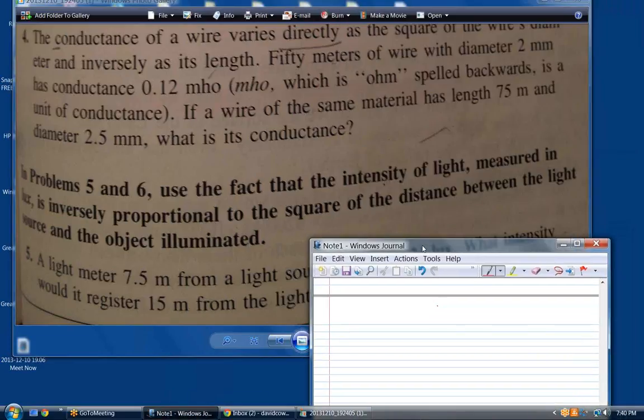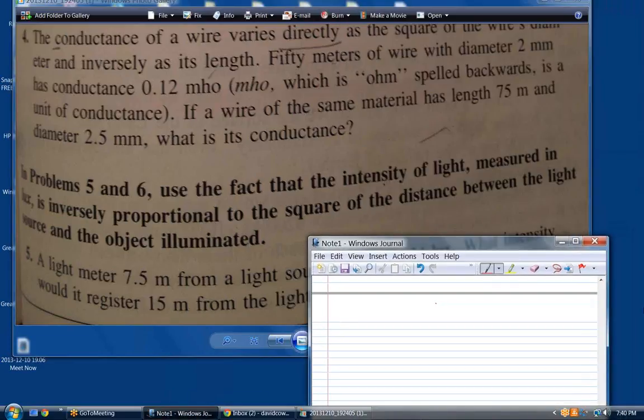A light meter. Just start from left to right as it reads. So it's inversely proportional. So that means I equals K divided by whatever we're going to use for that variable. I used I for the intensity of light.